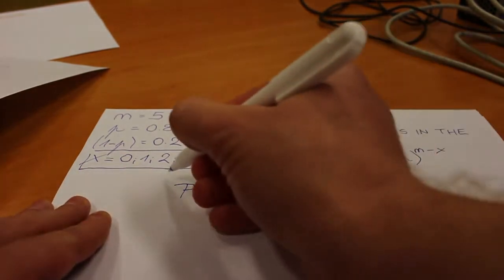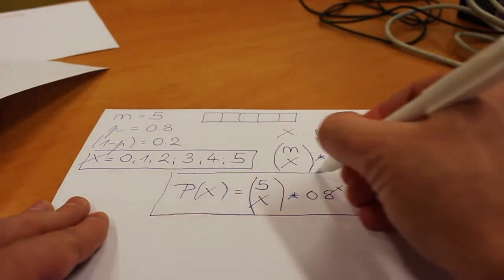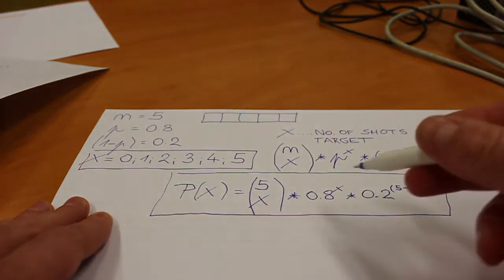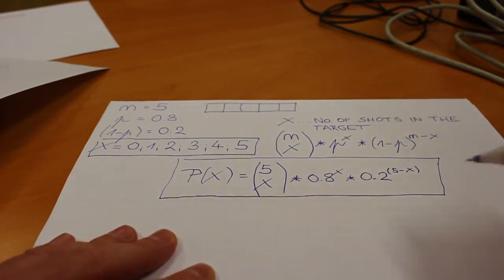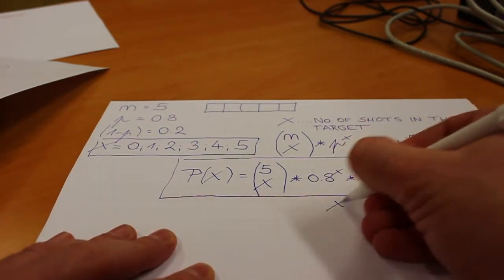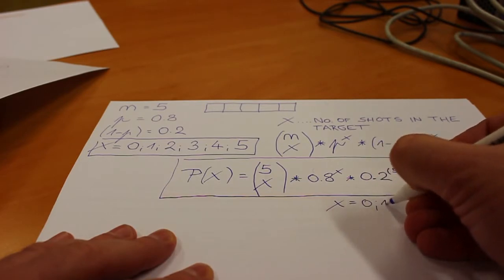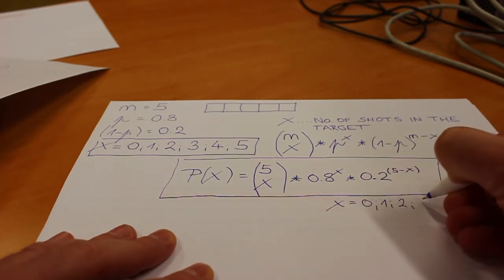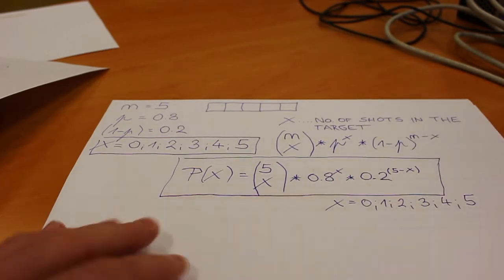In this equation, you have only one unknown variable, and you can use this function, for example, in Microsoft Excel. Definition range: x is equal to 0 or 1 or 2 or 3 or 4 or 5.